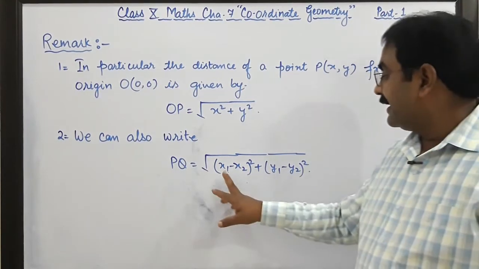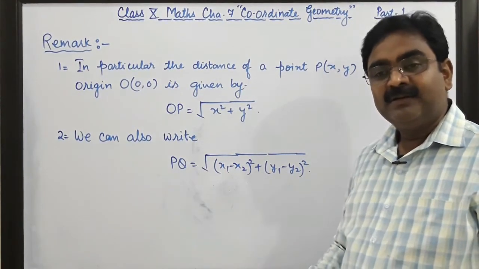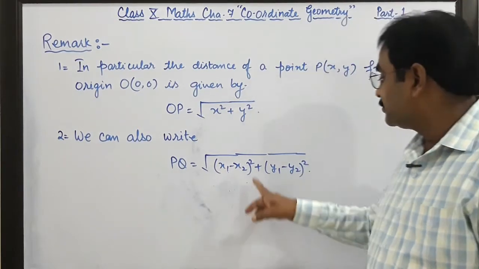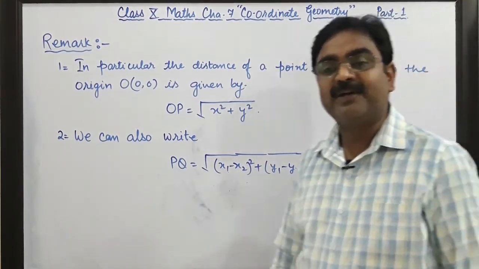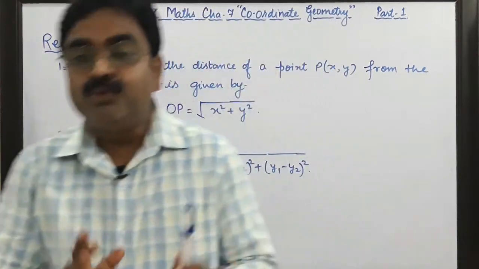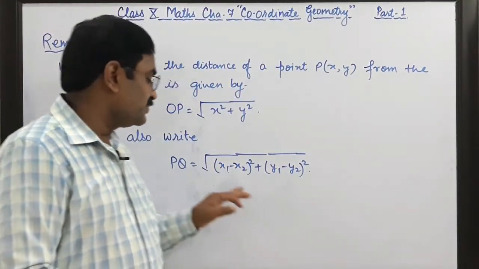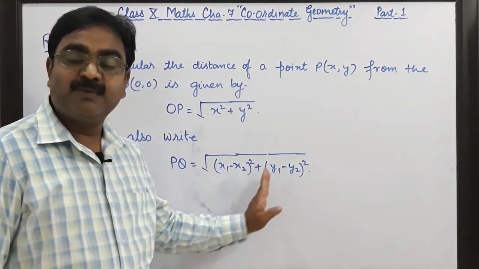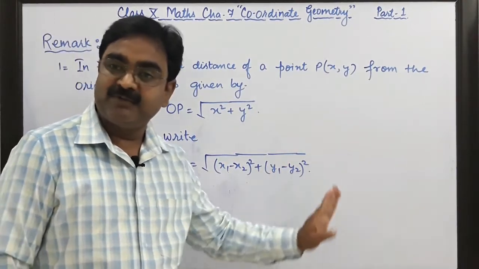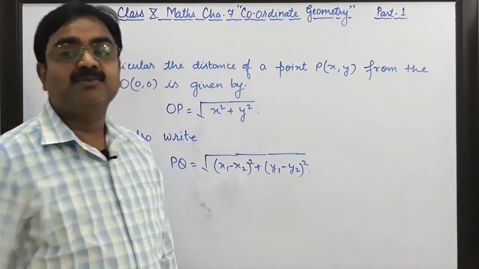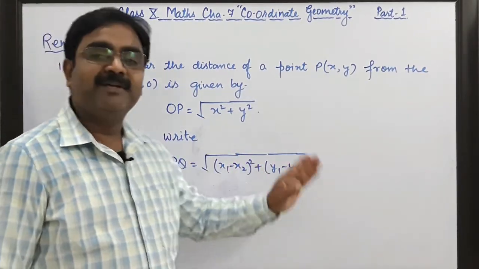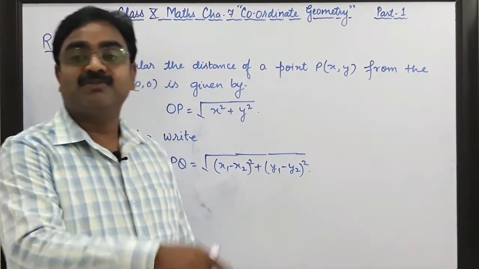If you are taking x2 minus x1, then x1 minus x2 will be negative, and that negative becomes positive with the whole square. That's why both the formulas we are studying are the same: PQ equals under root x2 minus x1 whole square plus y2 minus y1 whole square, equals x1 minus x2 whole square plus y1 minus y2 whole square also.